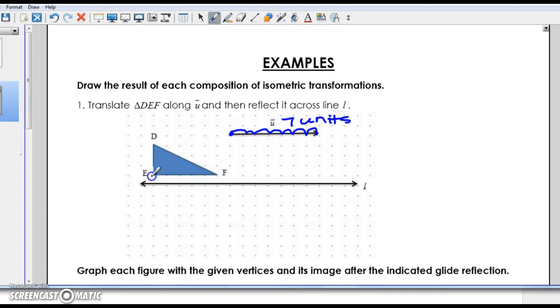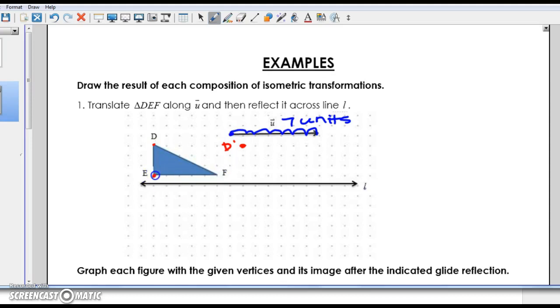So to translate triangle DEF, I will move it over 7 units from every vertex, and then after I translate, I will proceed to reflect across line L. But first things first, let's translate the triangle DEF. From D, I'll count over 7 units: 1, 2, 3, 4, 5, 6, 7. And we would call that D prime because one transformation has been done.